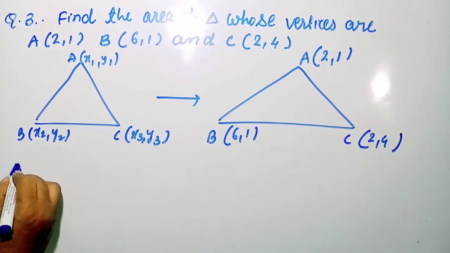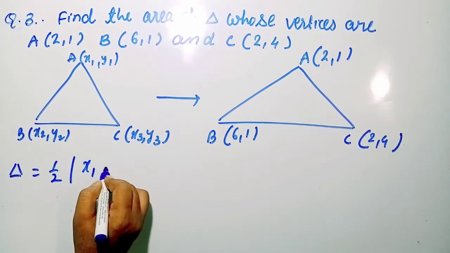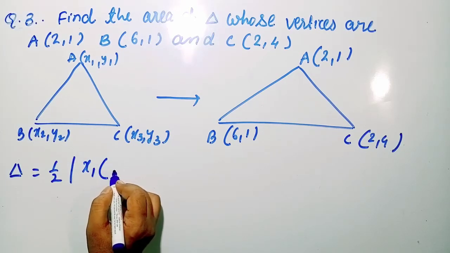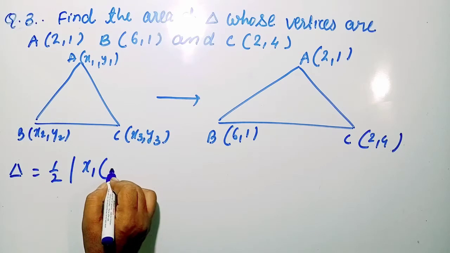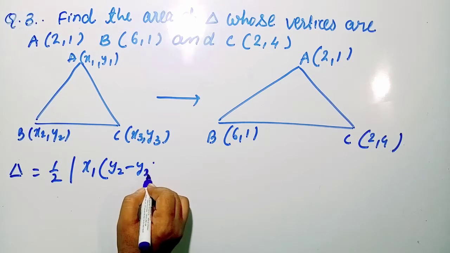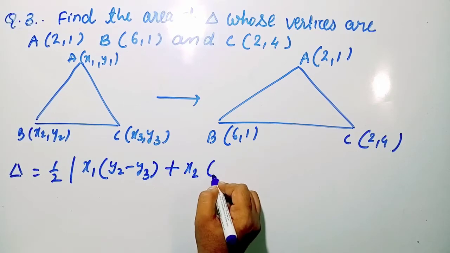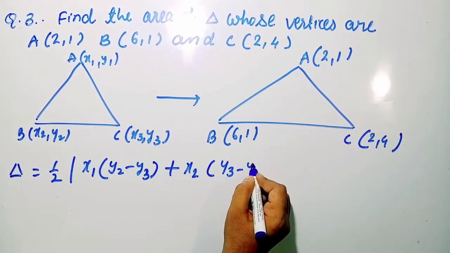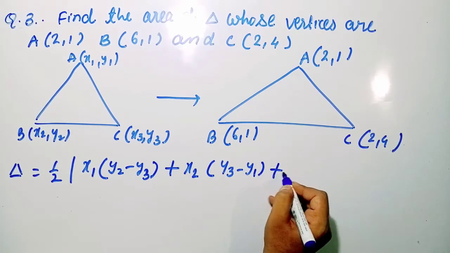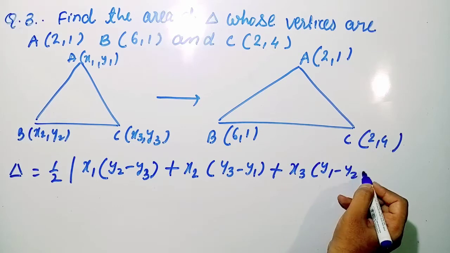Okay students, now applying the formula of area of triangle: 1 by 2 modulus x1 (y2 minus y3) plus x2 (y3 minus y1) plus x3 (y1 minus y2).